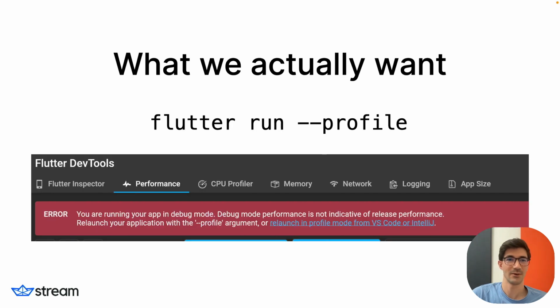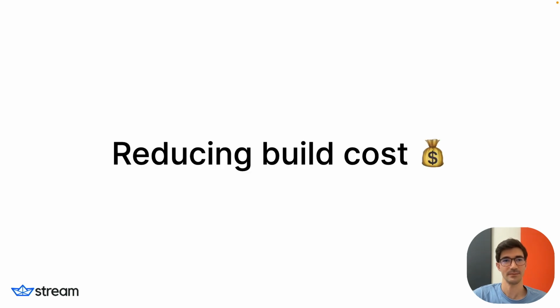If you want to go beyond just seeing what widgets get rebuilt and repainted, and you want to analyze how long the build times of each frame and widget is, then you will need to run in profile mode. You can only run in profile mode on a real device, meaning an emulator won't work, and even if it did, it would not be indicative of what the performance is like on a real device.